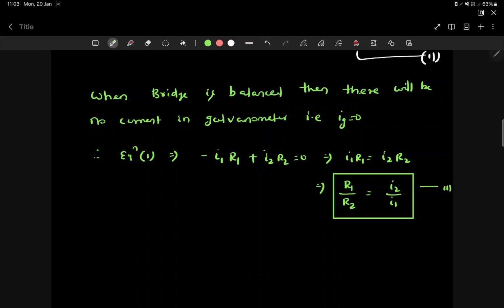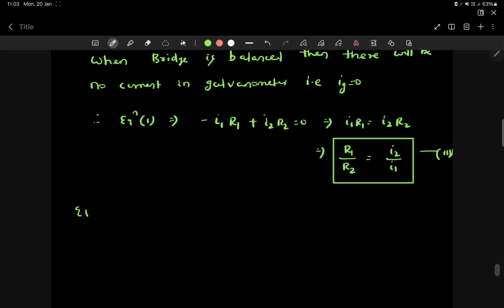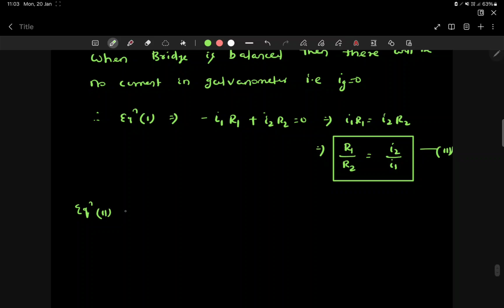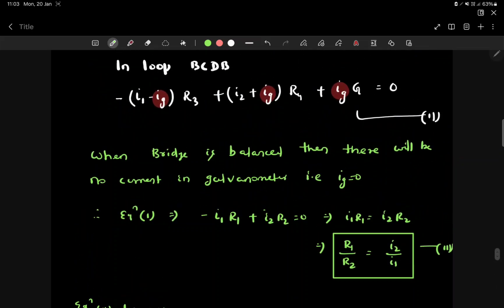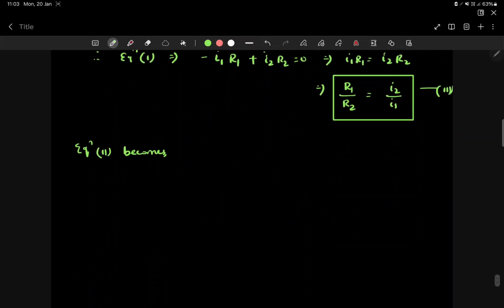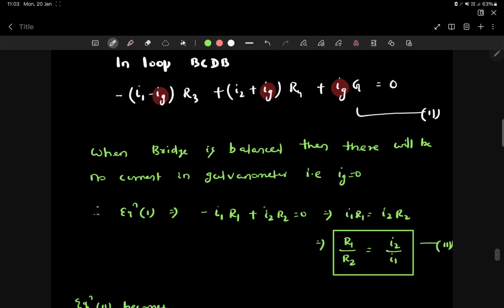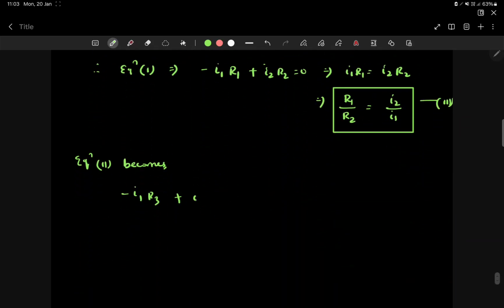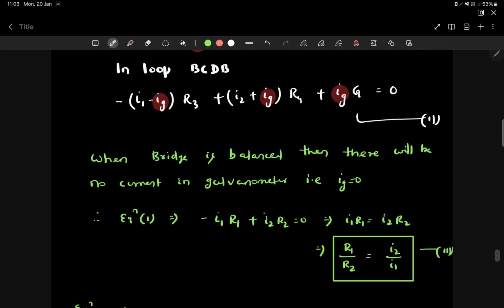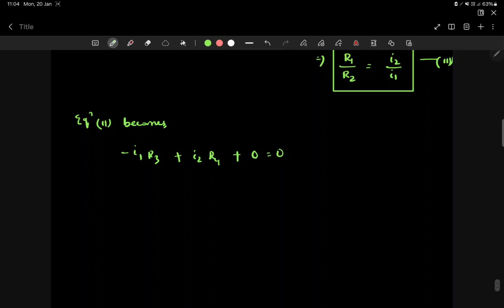So this is equation 3. Next, equation 2 becomes: if Ig is equal to 0, what will be your equation 2? Minus I1 R3 plus I2 R4 plus Ig, which is 0, into capital G, equal to 0.